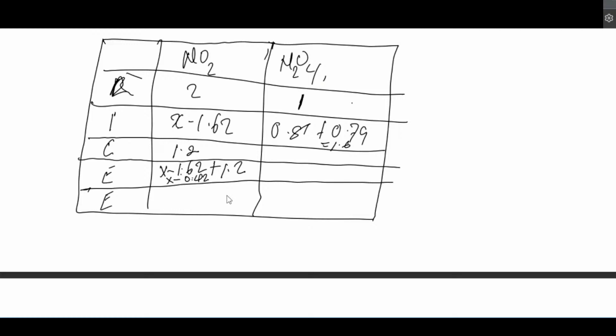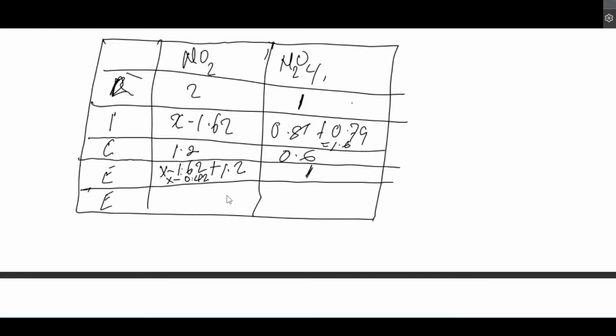That's why you're able to get this. And then now, because I have this as 2 moles, what about this side? It's going to be half of this, which is 0.6. Now, if I subtract here, it's going to be 1, because I have to subtract what was at equilibrium, which is 1.